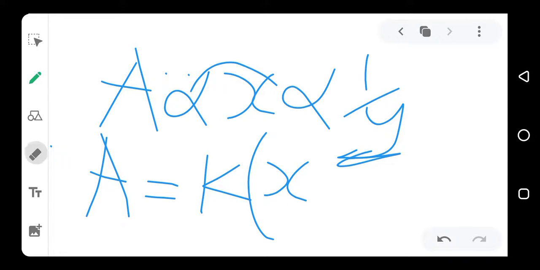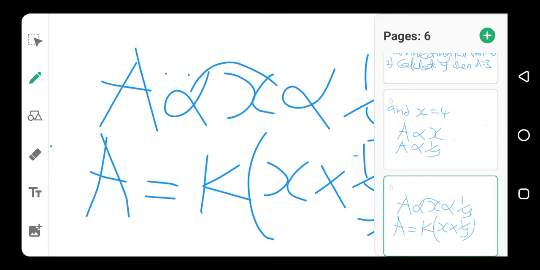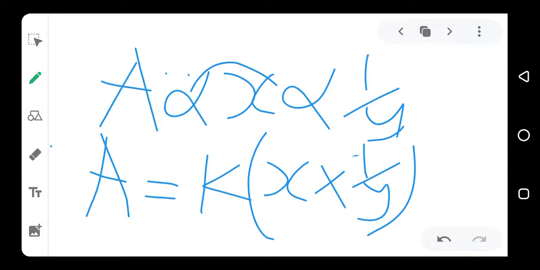That is, times 1 over Y. So this means that K is equal to, here, this is X over 1.